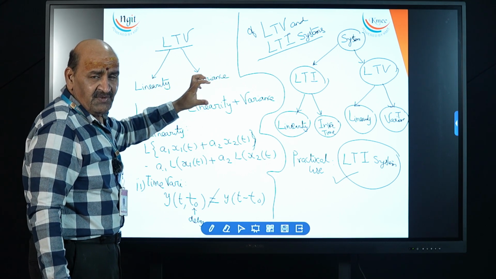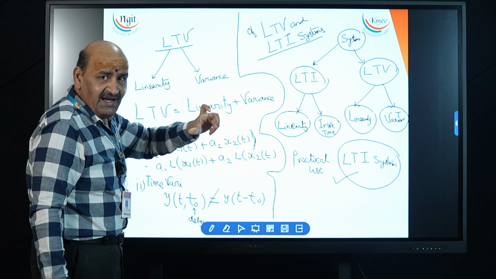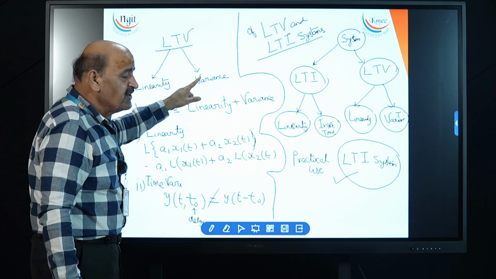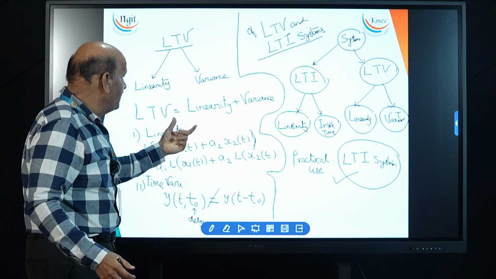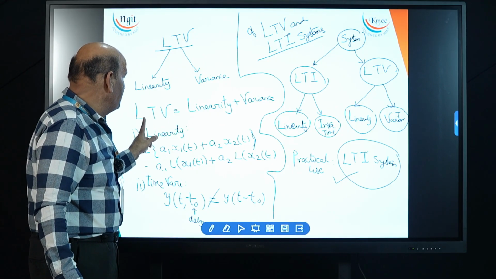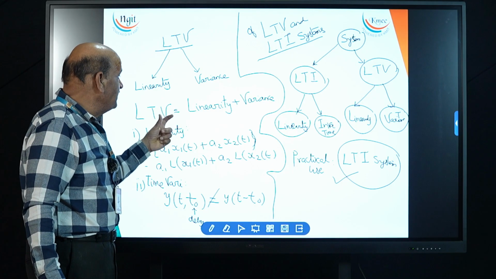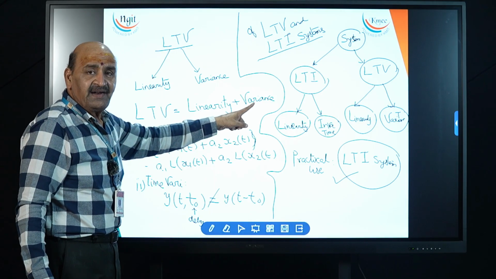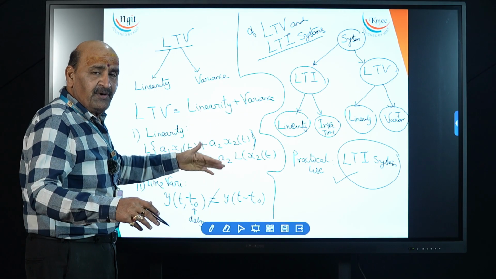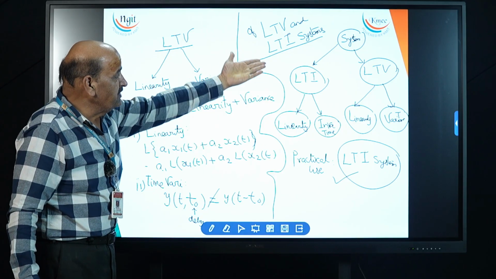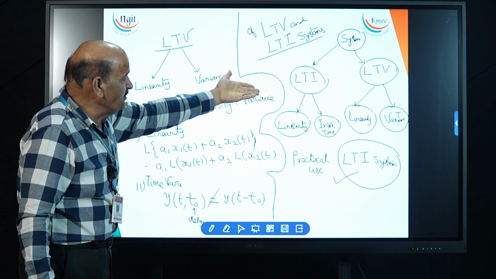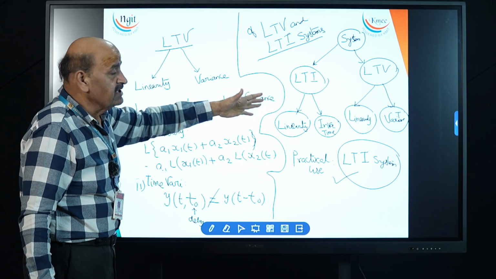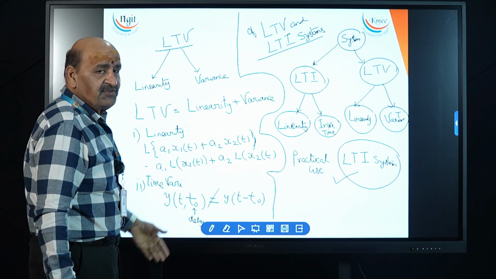Whenever a system is given, students have to analyze what kind of terms it contains. For example, for linear time variant, split the concept into the linearity property and the time variance property. This binary structure is very important to make a distinction between these two concepts.